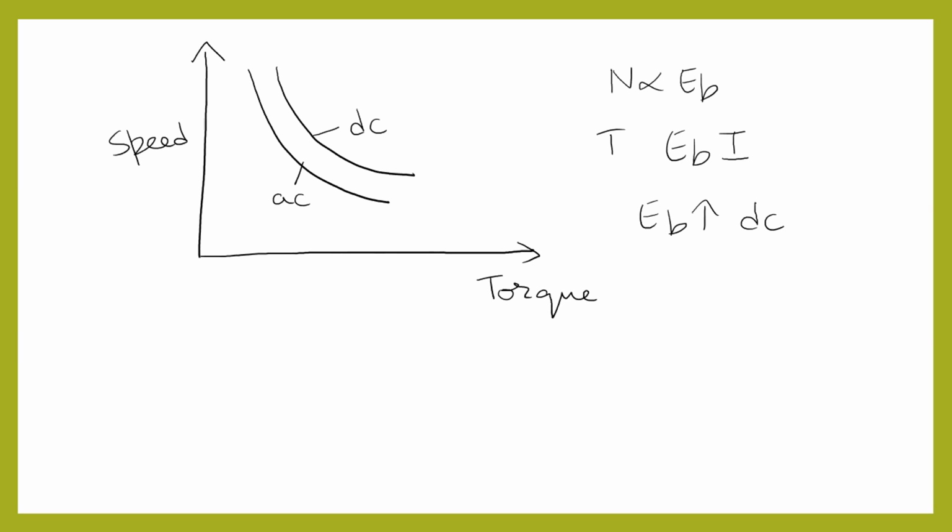The armature and the field MMF will be at right angles to each other, and this compensating winding will provide an MMF which is opposite to the armature MMF, and therefore it will reduce the armature reactance drop. So we can see the circuit diagram and phasor diagram of the AC series motor with compensating winding.